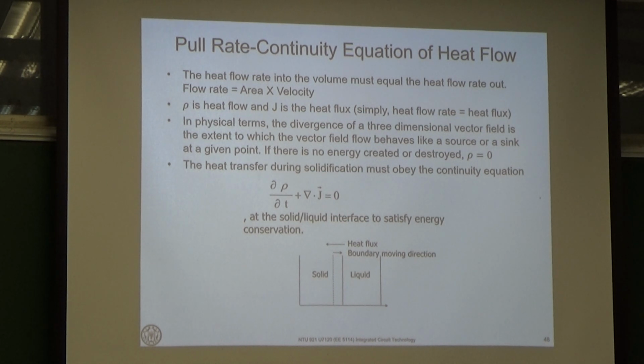Now, the continuity equation of heat flow describes that the heat flow rate into the volume must equal the heat flow rate out. So in equals out. That's what continuity means. The flow rate can use the area times your velocity to describe it, and we use rho as the heat flow and J as the heat flux.